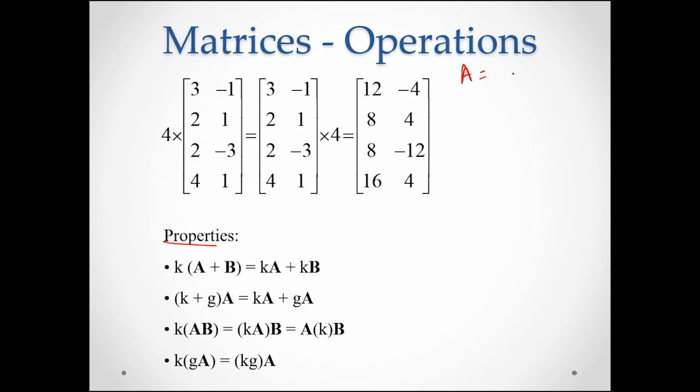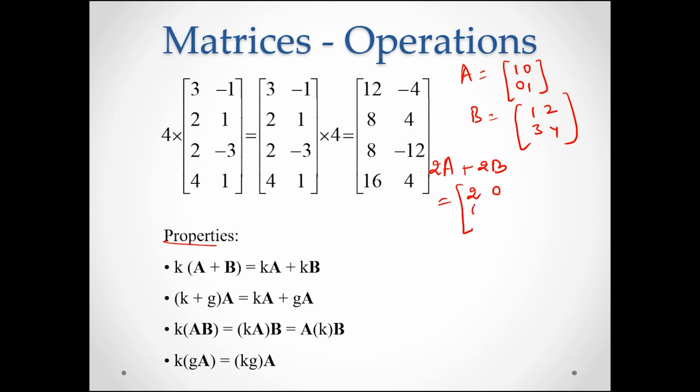I have A as the identity matrix, and let me take B as 1, 2, 3, 4. Now, if I take 2A plus 2B, then this will be 2, 0, 0, 2 plus 2, 4, 6, 8.